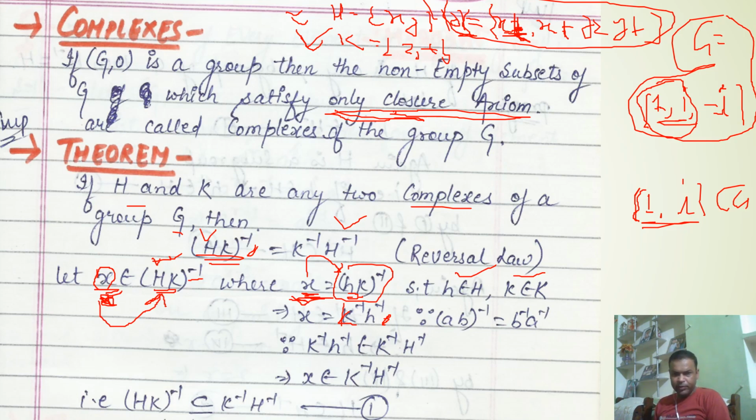This is the theorem from group, because these H and K are two elements taken from H and K, and H and K contain elements of G, and G is a group.